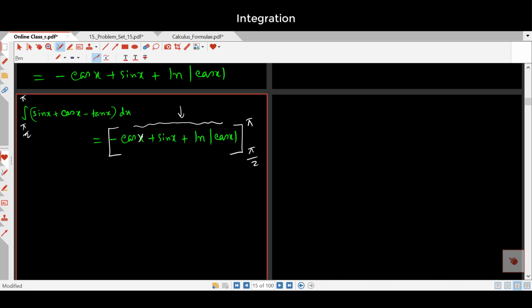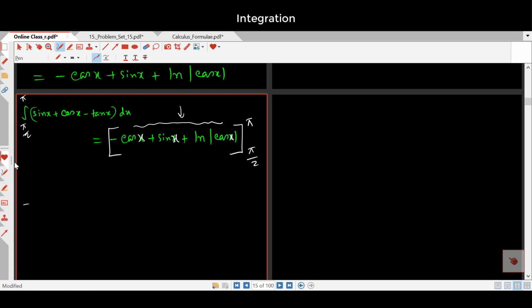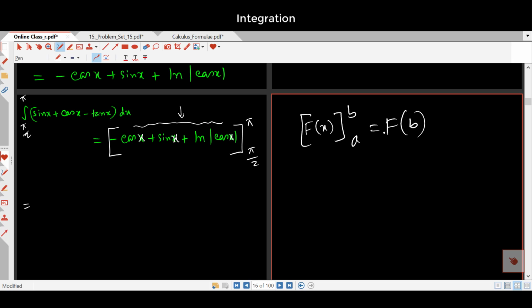So in the place of x, you have to input the upper limit first, then use minus, then in the place of x input the lower limit. You will get the final result of the integration. So first of all, let us use antiderivative at upper limit. Antiderivative at upper limit minus antiderivative at lower limit. That is the result for integration of f of x from a to b.